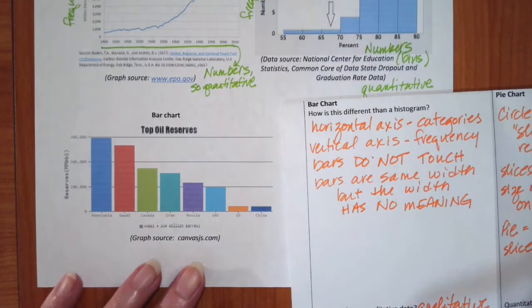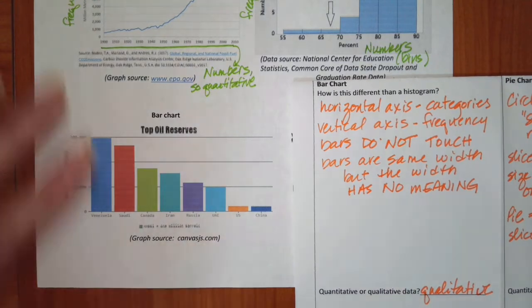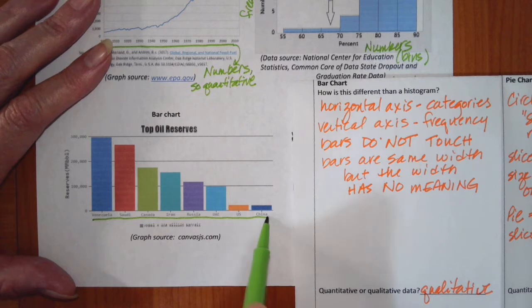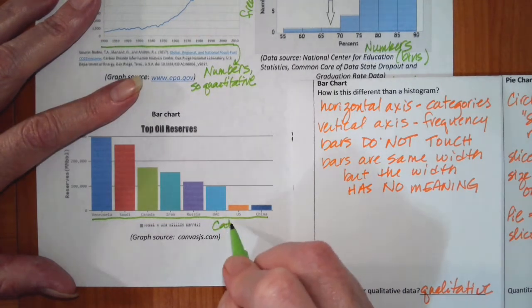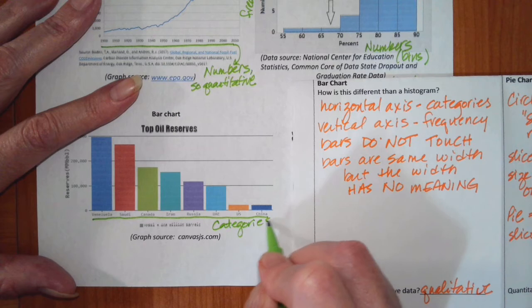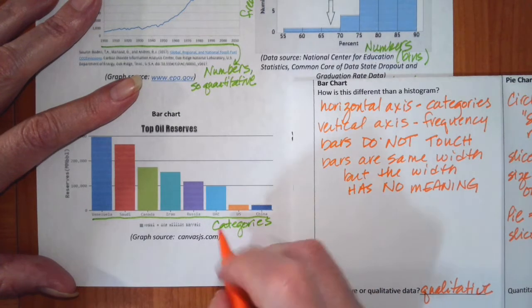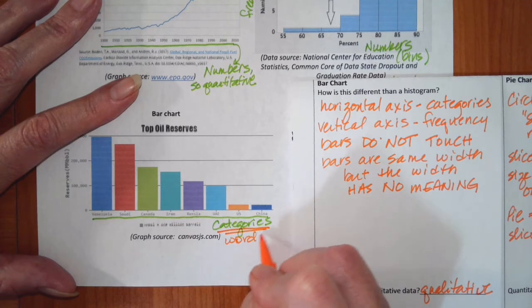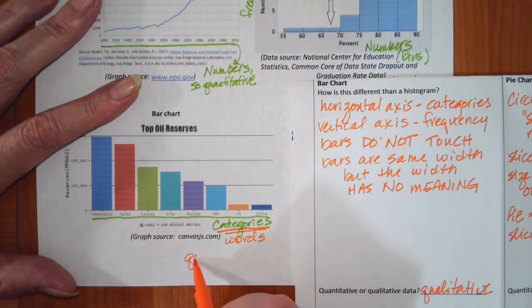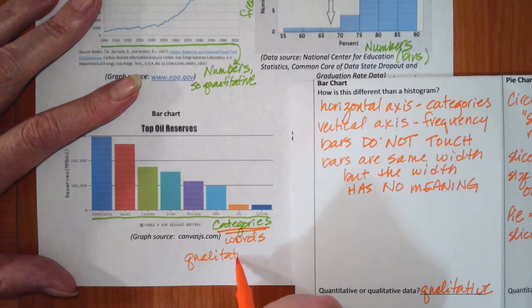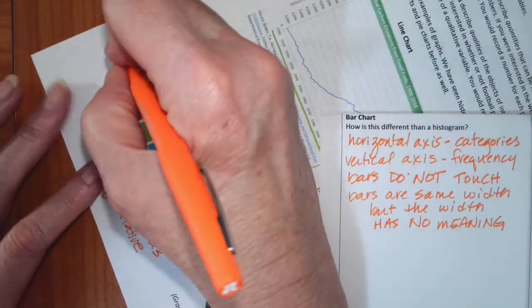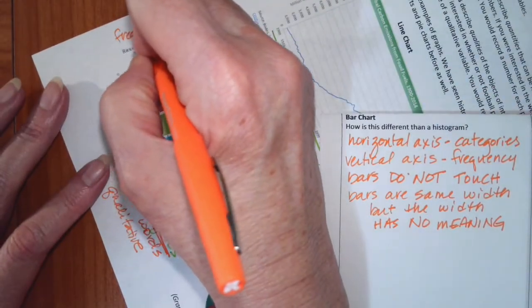Okay. Now, if we compare those to a bar chart, the big difference here is that these are categories. Whoops, I should be doing that in orange. These are categories, words, which means it is qualitative. The vertical axis is still the frequency.